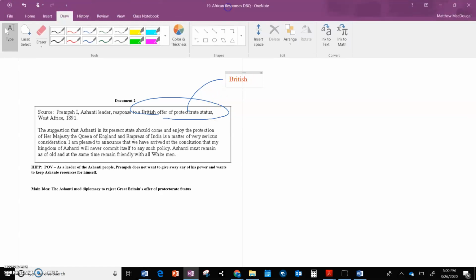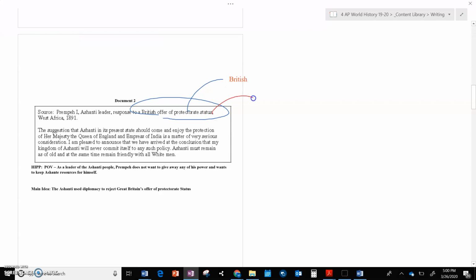If you don't know what diplomacy means, it means trying to use your political power or advantage over another country, but using treaties and making friends instead of enemies. So that's diplomacy, is trying to make compromises.